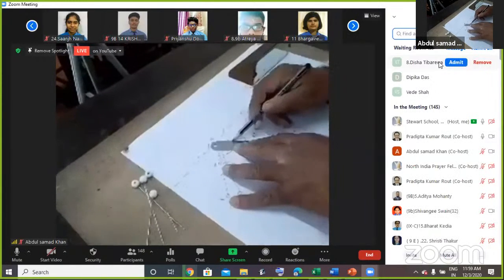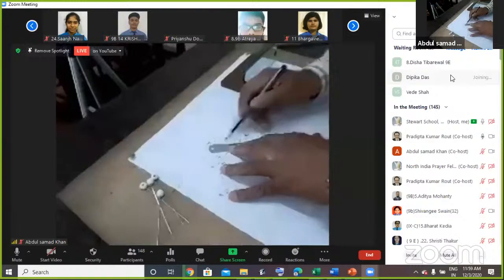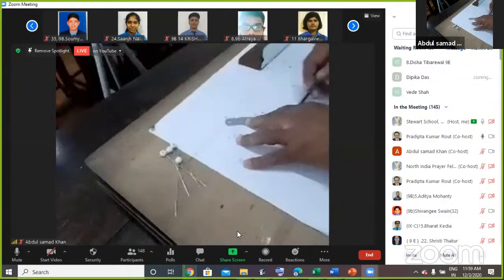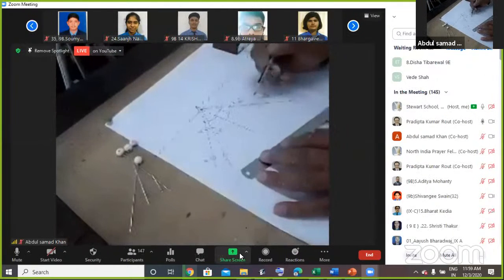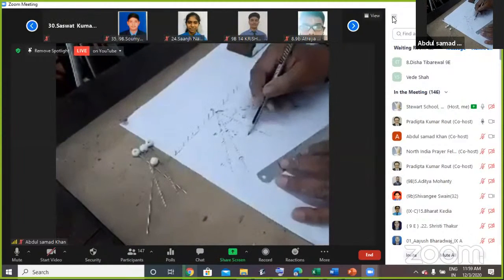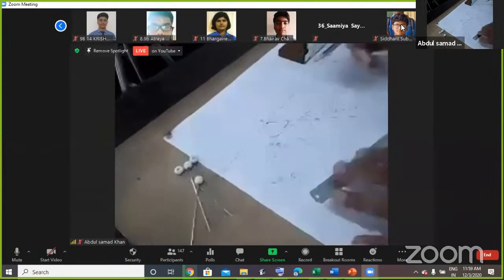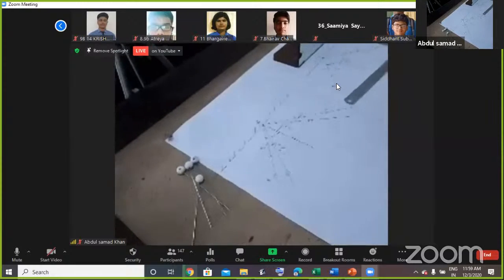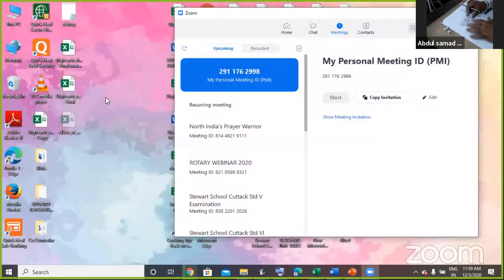So here, now the line is coming this way. You have to measure these 2 angles also again with your protractor. Let's see how much is coming.